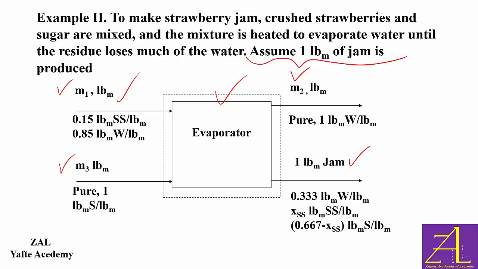Also, the composition of streams are shown. In the problem, it said that 15% of the strawberry is solid and the rest of it is water. However, in here we show the composition by mass fraction, 0.15 pound mass per pound.